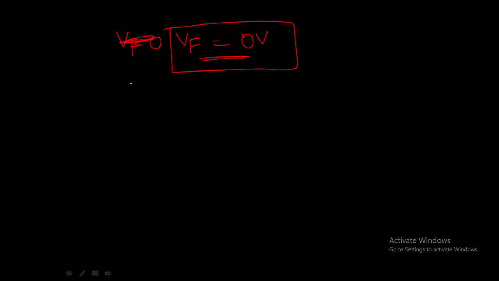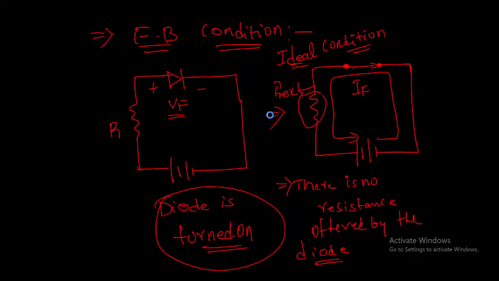Now, what is the current flowing through this diode? How do we find the current? That is If. The current flowing through this diode, If, is given by Kirchhoff's voltage law, or we can also apply Ohm's law.